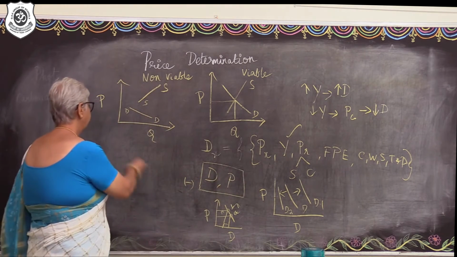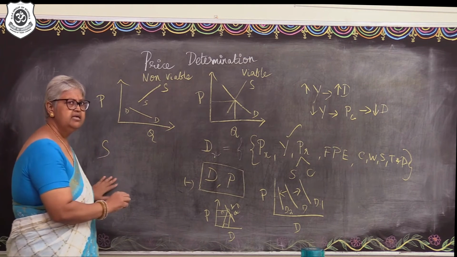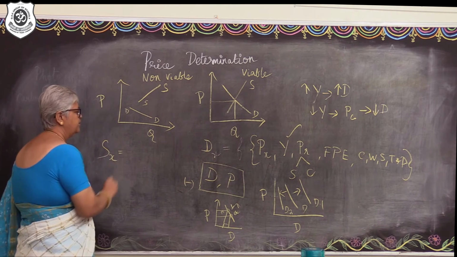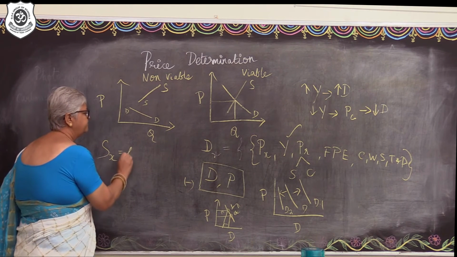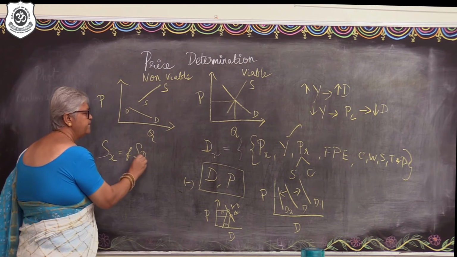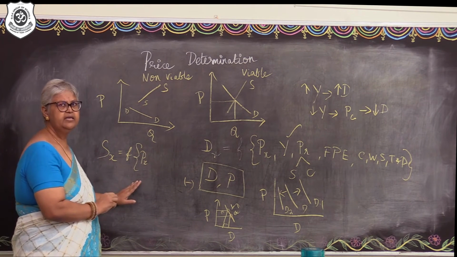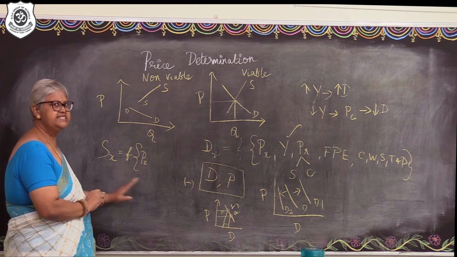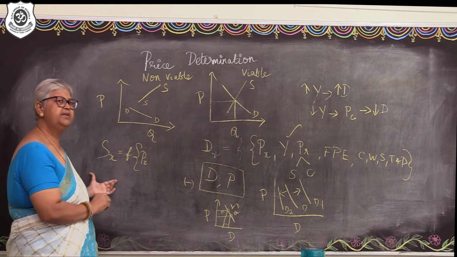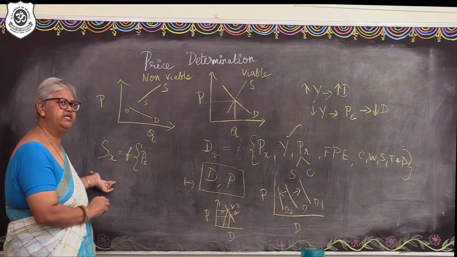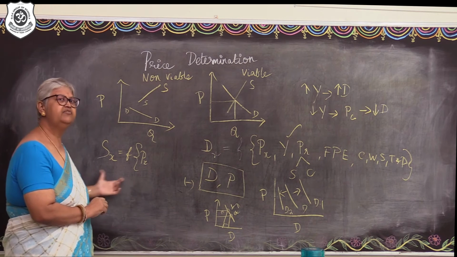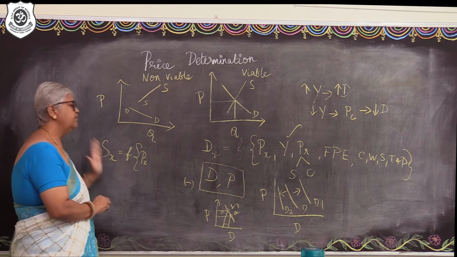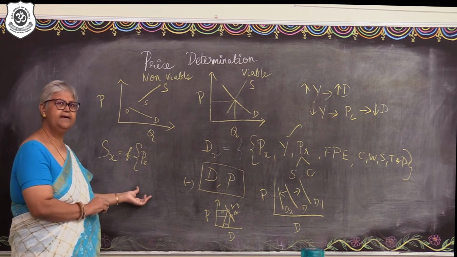Let's take up again product X. Supply of a product X definitely is a function of the price of the product X. Price is the independent factor and the supply of the product will be the dependent factor. So, change in the price will affect the supply. Right? Other factors may also affect the supply other than the price.